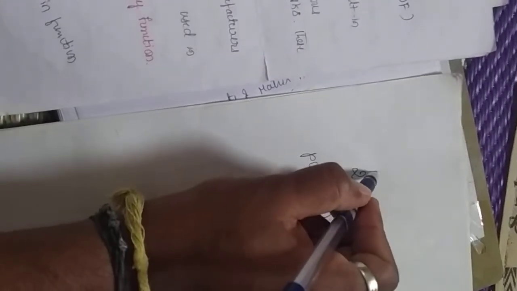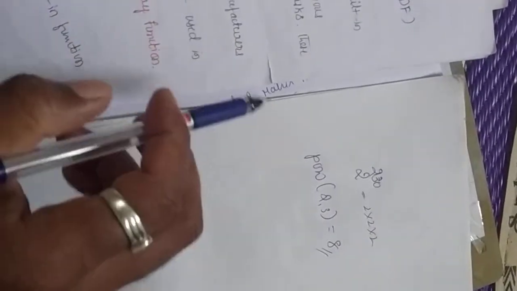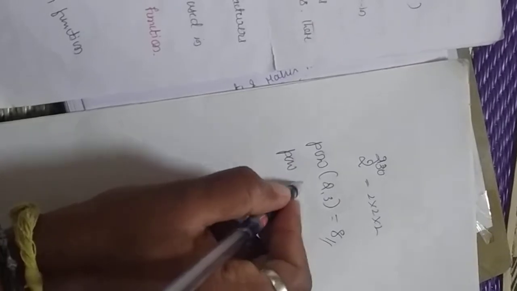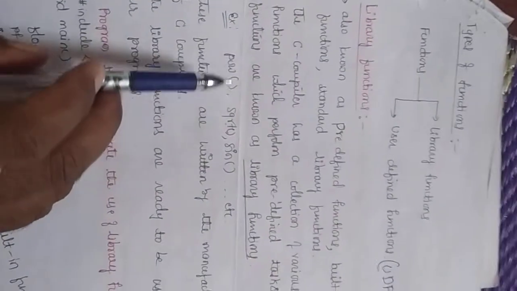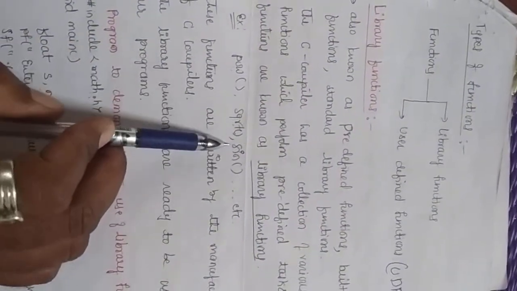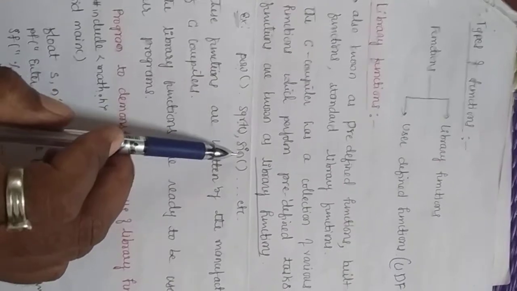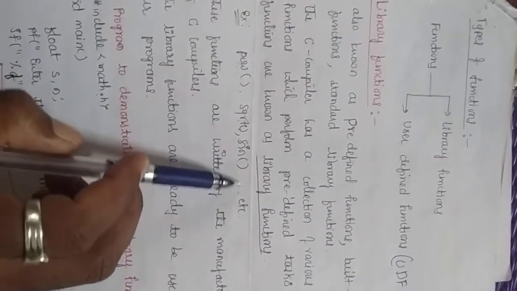Suppose 2 to the power of 230, this will be a difficult task. At that time you can use the power function, pow of 2 comma 230, and you will get the result. If you want to use this type of function, you have to use math.h. In the same way, sin of some value, you will get the sine value.